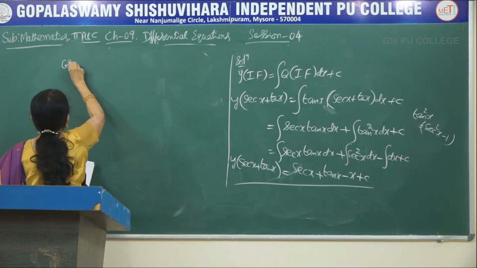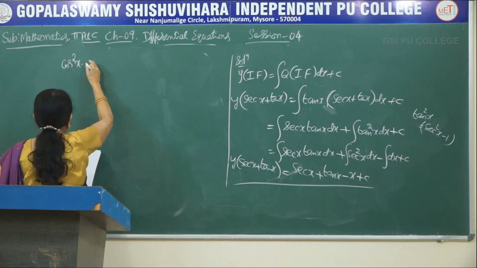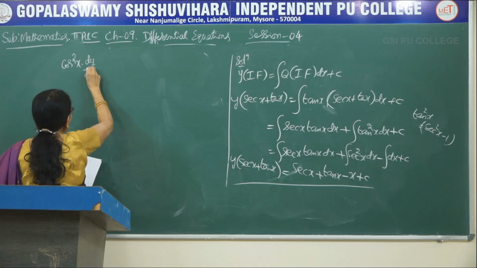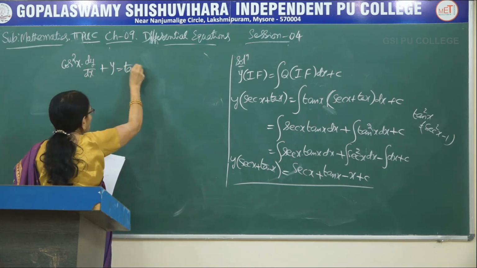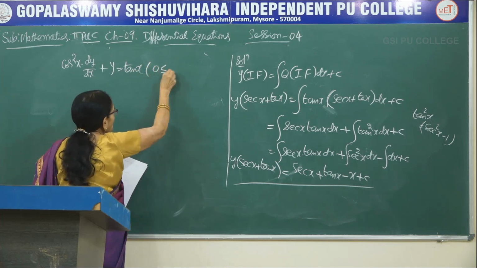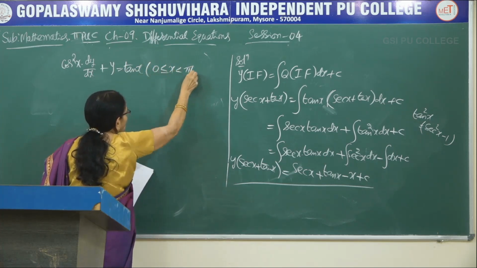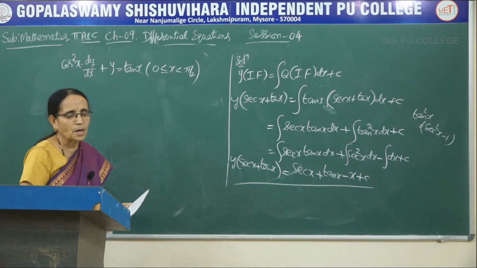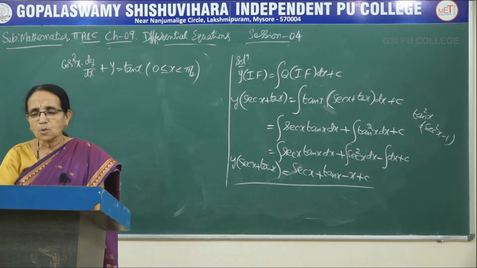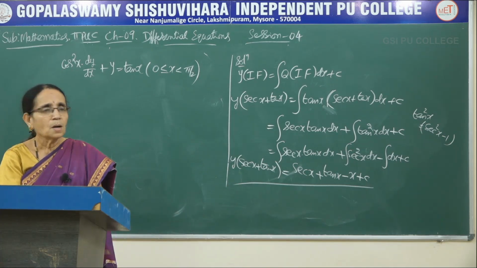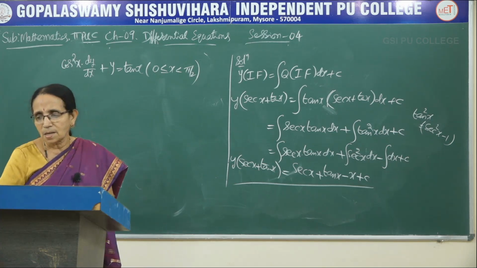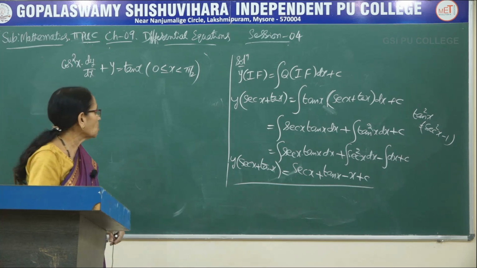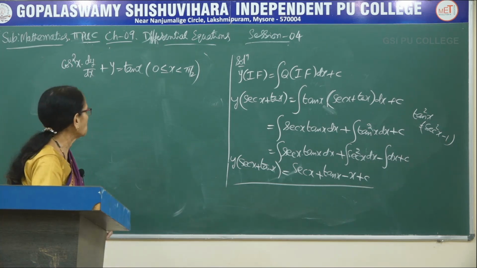Now, consider the problem: cos square x into dy by dx plus y is equal to tan x. Here also the same values for x have been specified. It lies between the closed open interval 0, 0 less than or equal to x less than pi by 2, or closed open interval 0 pi by 2.